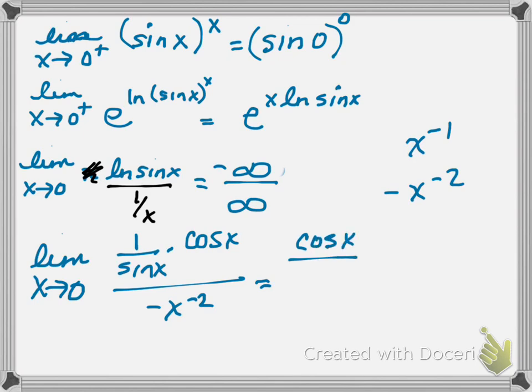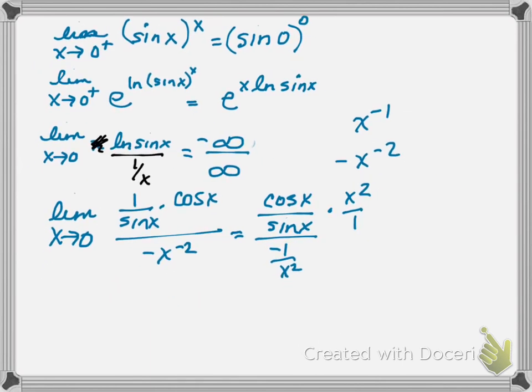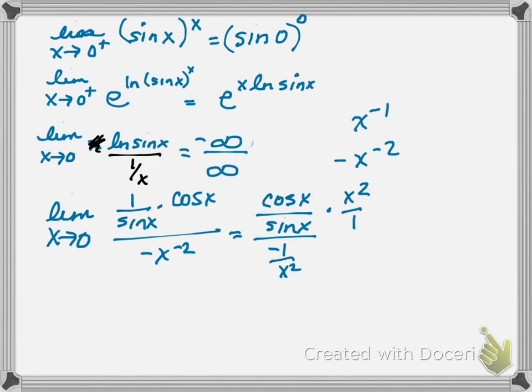Cosine x over sine x, and this would be the same as negative 1 over x squared if you shoved your x squared. So then if I flip and multiply, I'm going to get that, which is equal to x squared times the cosine of x over the sine of x.